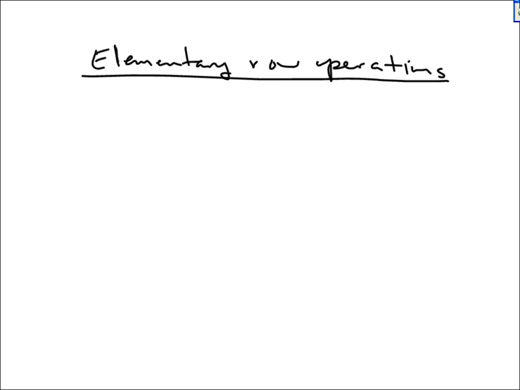And while I write these down, see if you see anything familiar with these operations. The first one is, let's just state, let A be an m by n matrix.